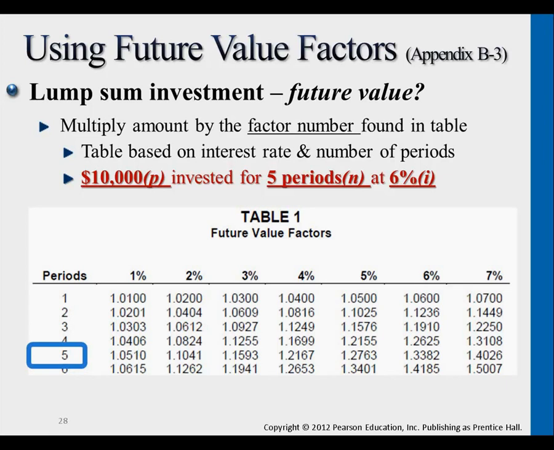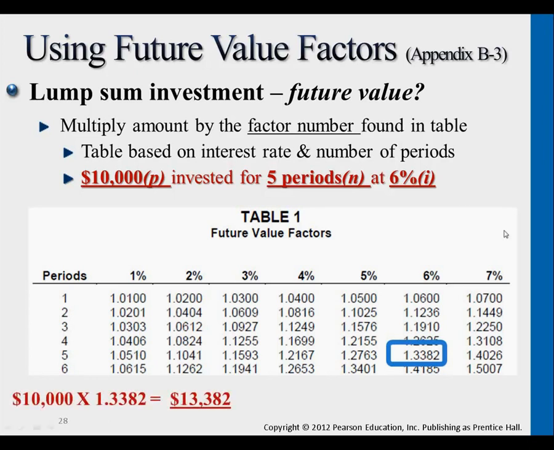And then we also know it's a 6% rate, so we go all the way to 6%. This is the number that we will use. So the calculation is 10,000 multiplied by this number that we just found from the table. Does it make sense?